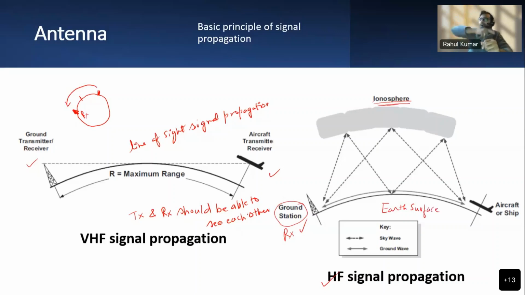After successive reflection between the ionosphere and the earth's surface, you would receive the signal at the ground station. So that's the key difference between your VHF and HF communication. In VHF, you are limited to line of sight signal propagation, but in HF, you can transmit across the curvature of the earth also.